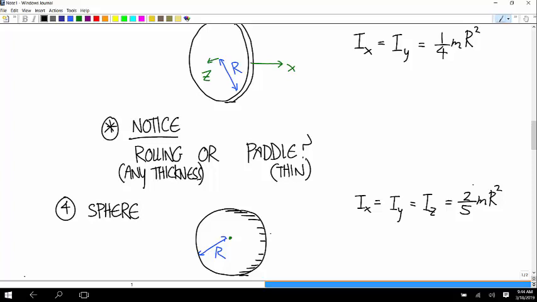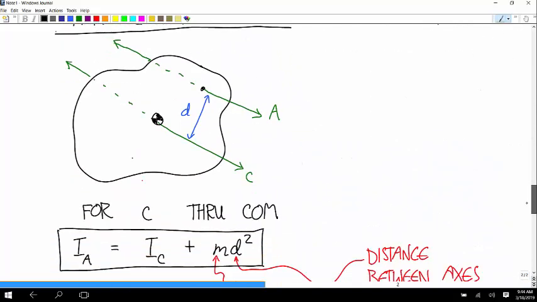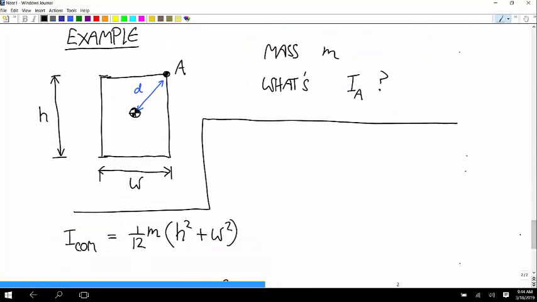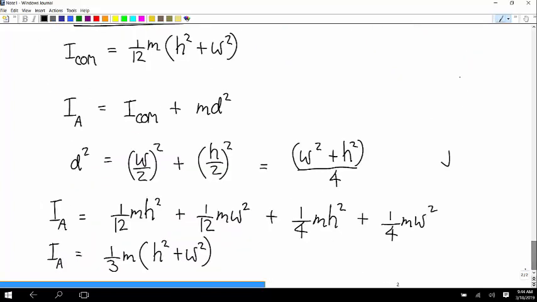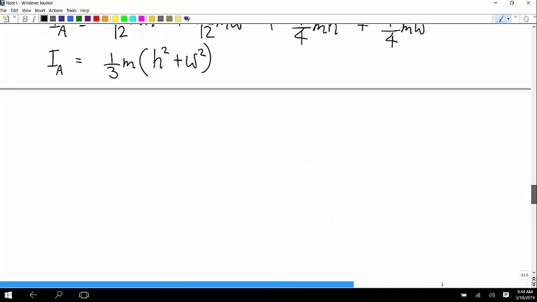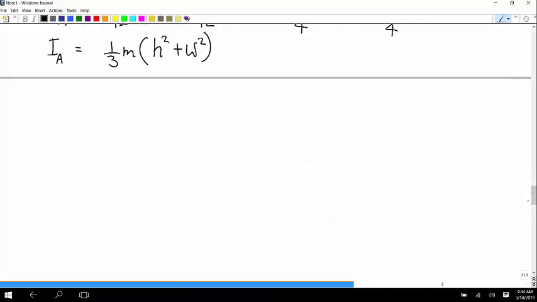All right, the last thing, I'm not going to spend a lot of time on this, but I have to define a moment, and then once we do that, we're ready to go with the rotational Newton's second law. So I can do this in 5 minutes.